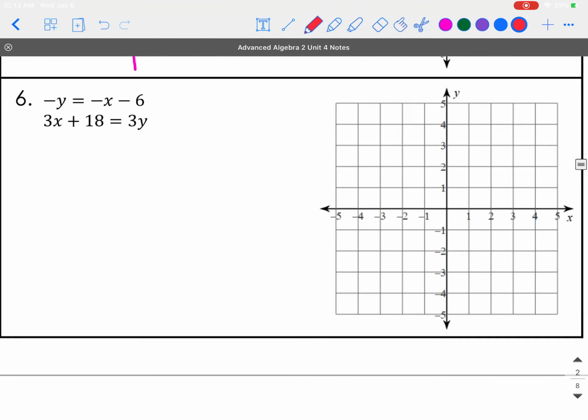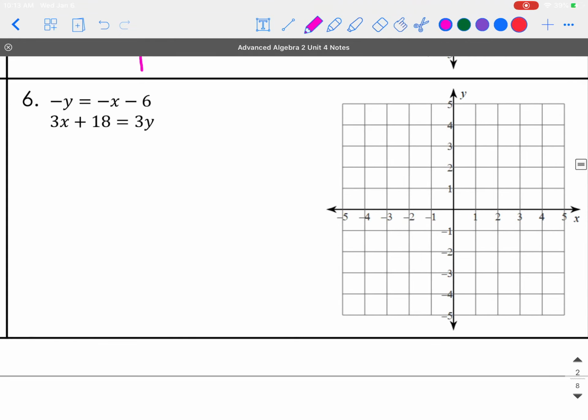All right, last one, number 6. We have 2 lines that we need to fix. -y equals -x minus 6. All that I have to do on this one is divide by -1.